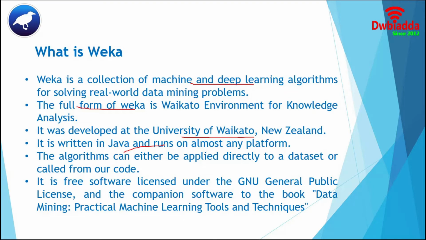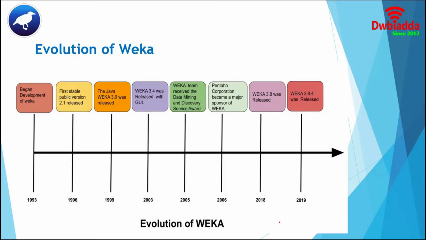Now we can call the algorithm directly on the dataset or call it from our own code written in Java or Python or even R. It is free software licensed under GNU and the companion software to the book Data Mining: Practical Machine Learning Tools and Techniques. In this section, we will go through the evolution of Weka.